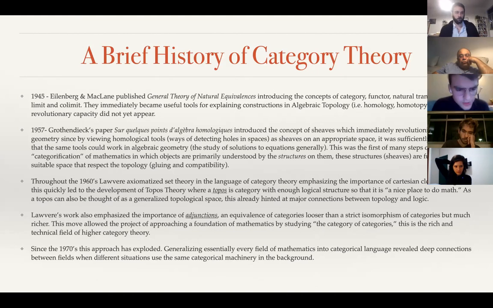And then later, throughout the 60s, Lawvere, I don't really know how to pronounce his name correctly. He has a French name, but he's American. I think he's Southern. But he took this even farther, showing that category theory can be generalized for certain kinds of categories, especially what we call Cartesian closed categories, which are categories that admit many limits and colimits.